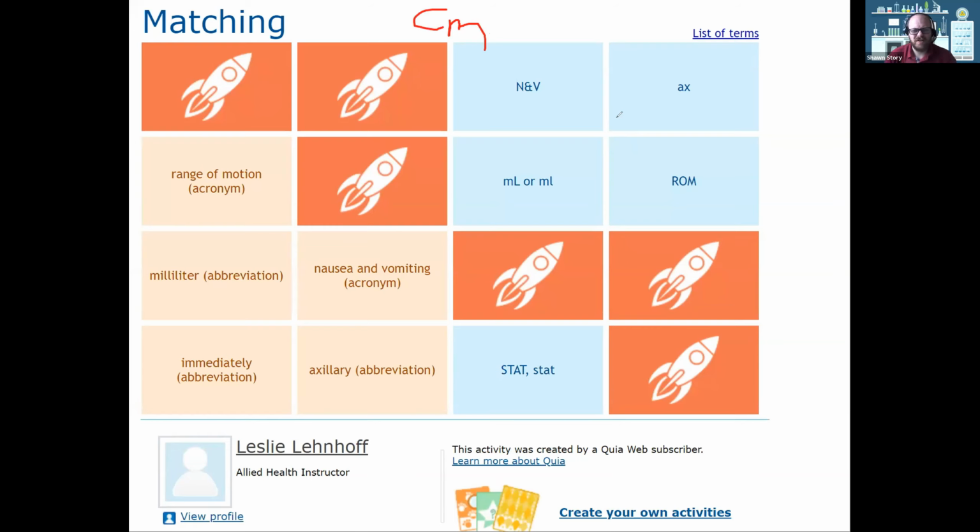Do we know? How could you describe a centimeter? What do we got, ladies? What is a centimeter?